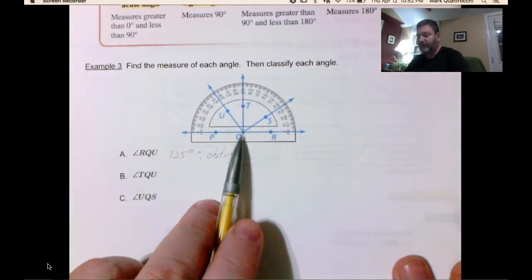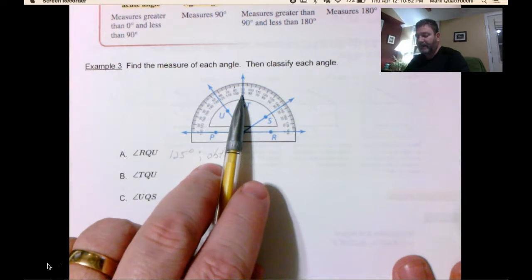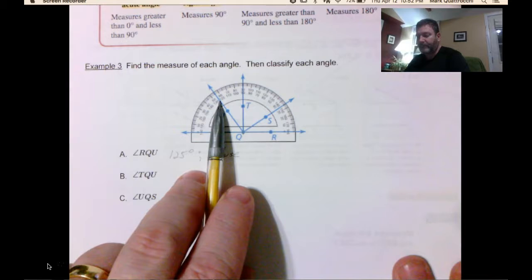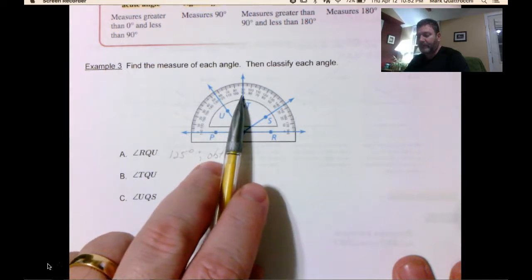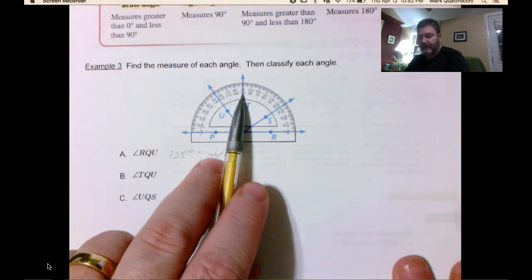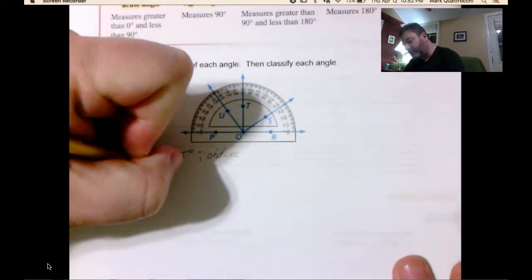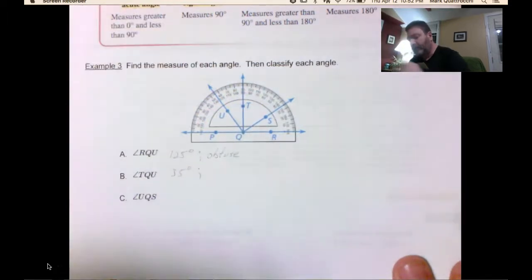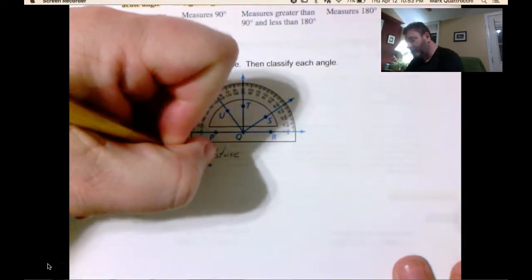TUQ. So we're going from 90 to 125. So 125 minus 90 is going to give us a 35-degree angle. And that type of angle, which is less than 90, is acute.